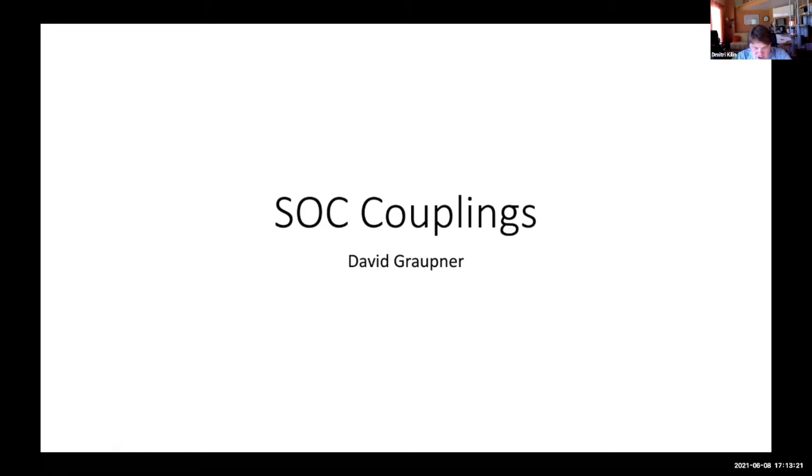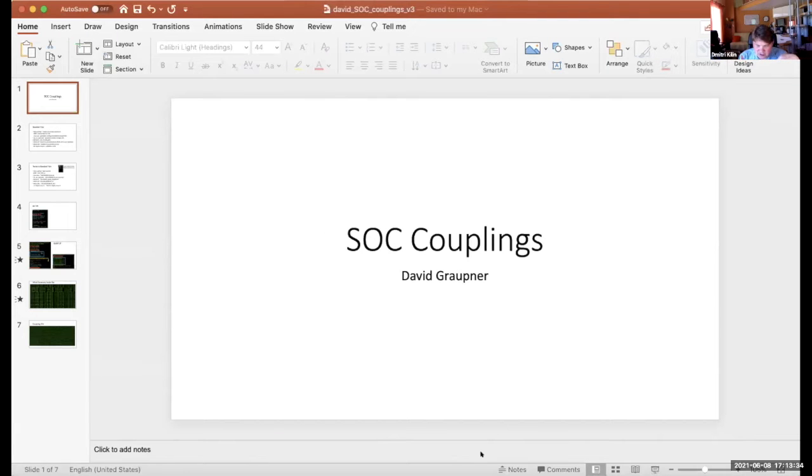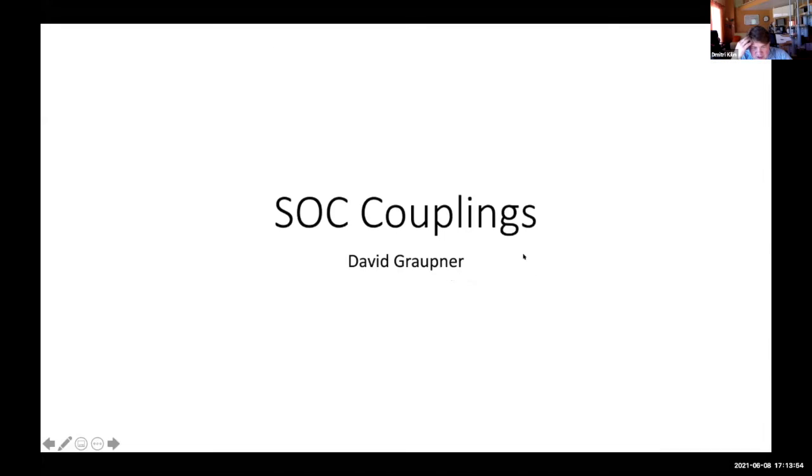In Yun's presentation, one assumes that spin is a good quantum number, and there are so many spins up, so many spins down, and their number doesn't change in time. But there are realistic situations when in the system spins are flipped. For such situations, spin polarized calculations are insufficient, and one needs to do so-called SOC or SOI, spin orbit interaction added to the coupling. So David, the floor is yours.